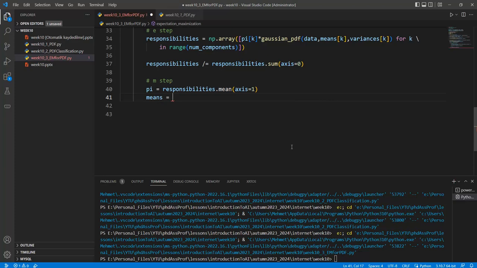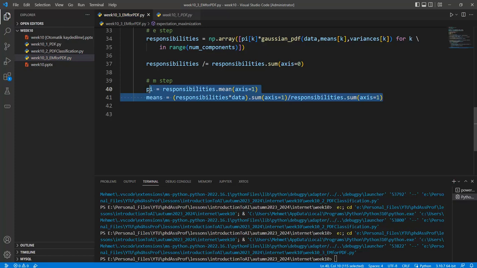Means should be assigned with what? Responsibilities times data, sum axis is equal to 1, divided by responsibilities sum axis is 1. What's this derivation? This derivation comes directly from the log L function, or the derivative terms with respect to the pi give us this formulation.